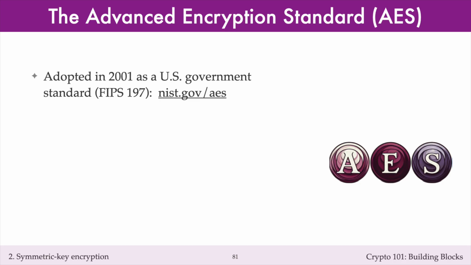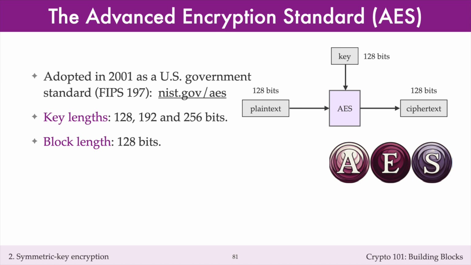AES is a block cipher adopted in 2001 as a US government standard. AES has 3 key lengths, 128 bits, 192 bits, and 256 bits. The block length is 128 bits for all the 3 key sizes. These lengths address the 2 main problems with DES, namely a key length of only 56 bits and a block length of only 64 bits.